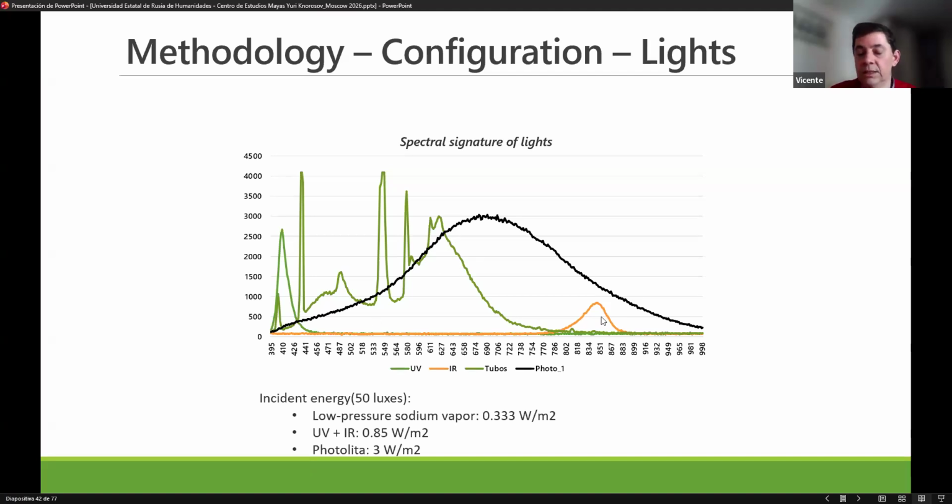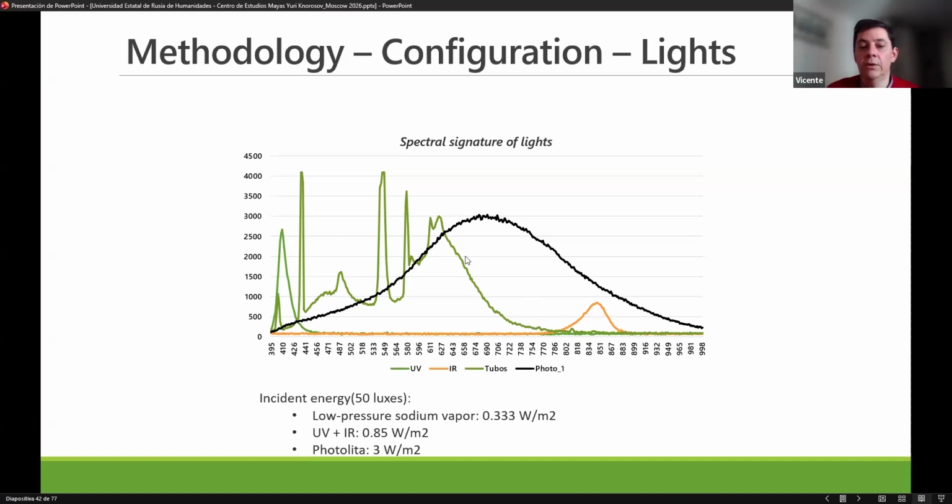So, for instance, this is the spectra of a near infrared LED camera. This is the typical night vision camera for security. These LEDs only illuminate around 850 nanometers, so you cannot appreciate that you are being illuminated.